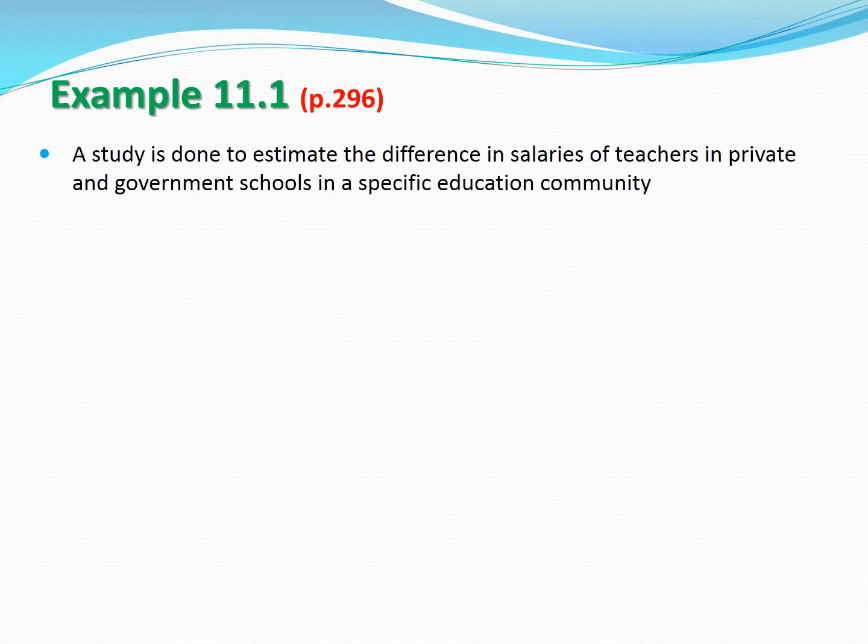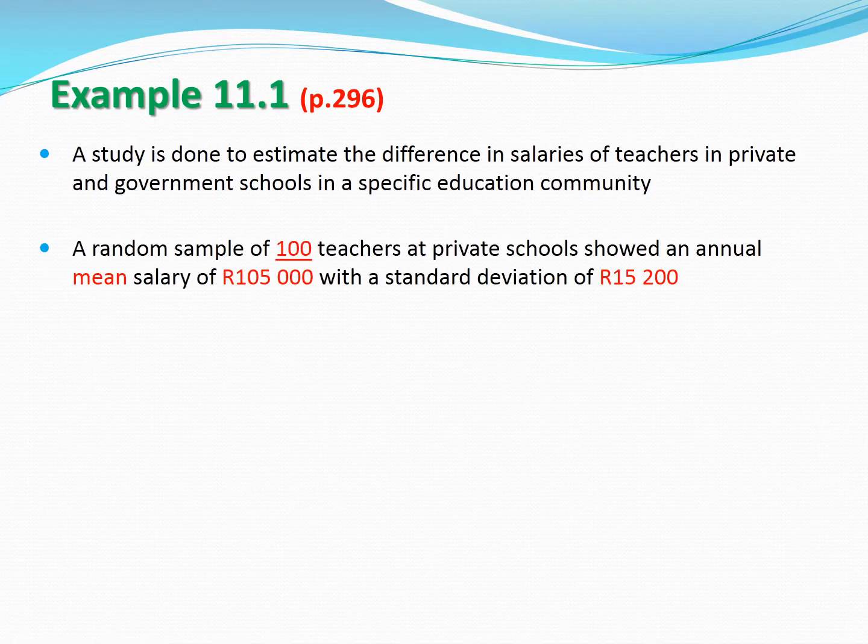For example, in example 11.1 on page 296, they state, a study is done to estimate the difference in salaries of teachers in private and government schools in a specific education community. A random sample of 100 teachers at private schools showed an annual mean salary of 105,000 Rand with a standard deviation of 15,200.